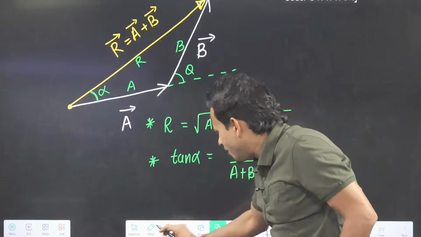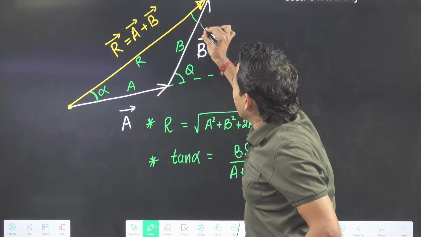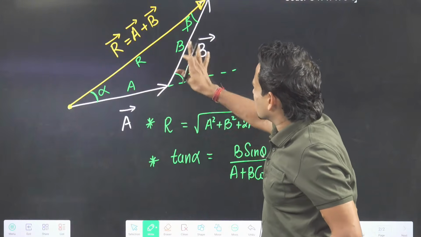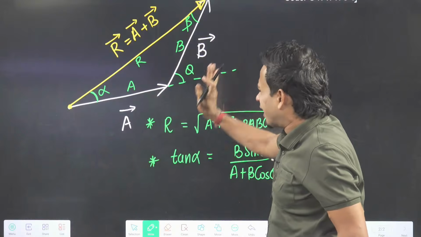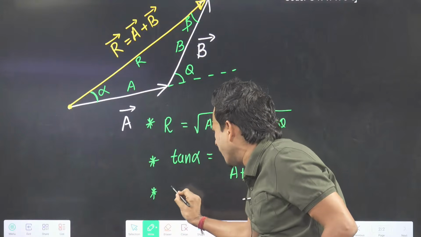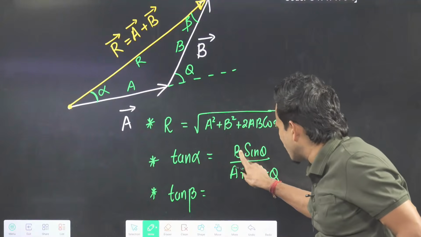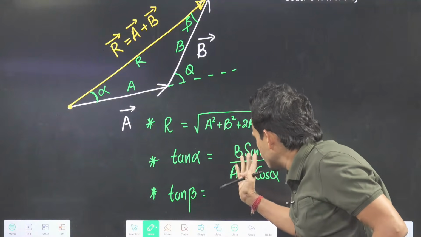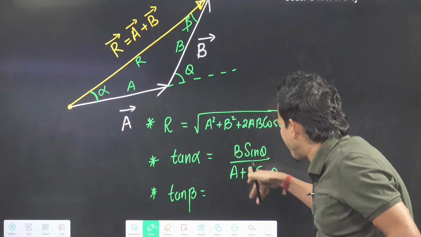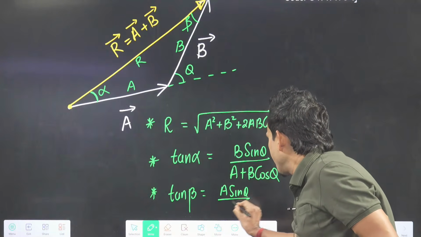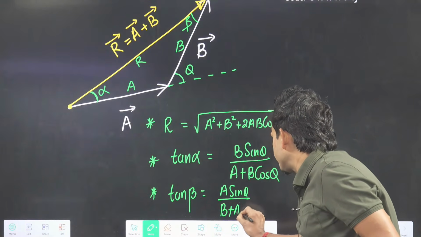Similarly, you can find tan beta also. Someone says, sir, I want the angle beta. This makes simple things complicated, but we can get it. Beta is the angle with B bar, so you can just flip A and B. It will become A sin theta by B plus A cos theta.